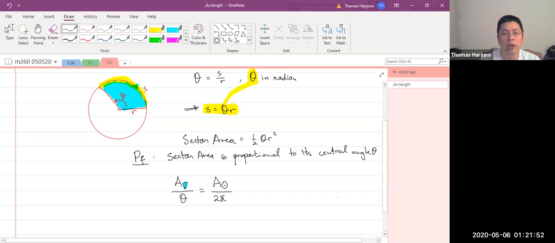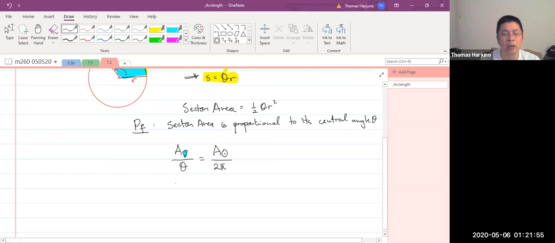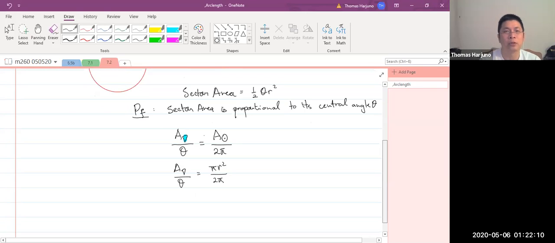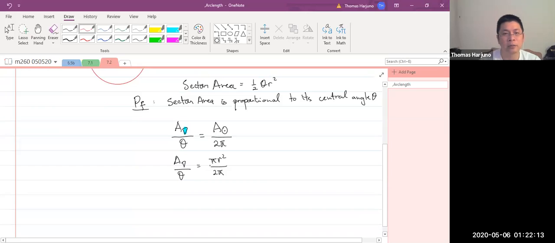Now we know that area of the sector over the central angle of that sector equals the area of a circle, pi r squared, over 2 pi. You see that I can cancel the pi, right? So the sector area is equal to 1/2 theta r squared. That's the formula that you have to memorize.